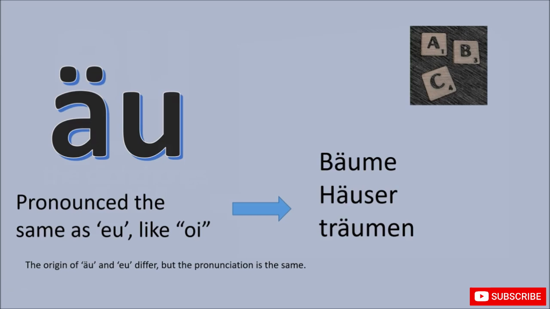You can see the origin because we've just had them in the AU slide. Baum, Haus, Traum. So Baum is one tree, Bäume is more than one tree. So the oi sound has really got to be the A umlaut and not an EU because it doesn't come from Bäum, it comes from Baum.